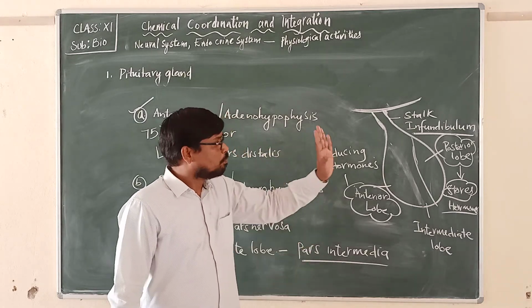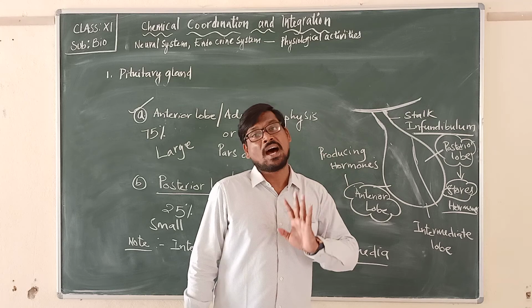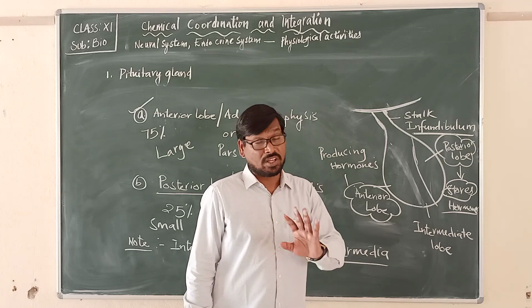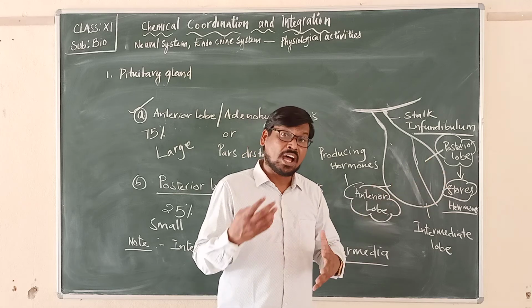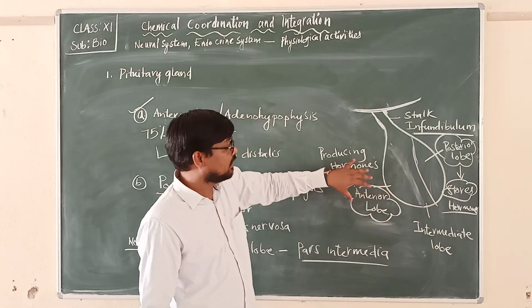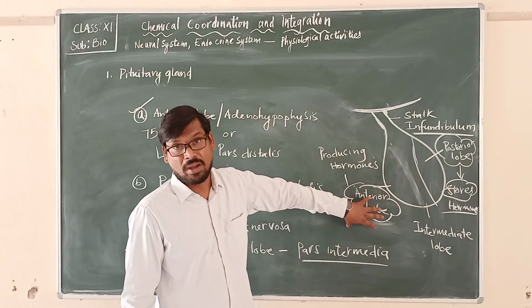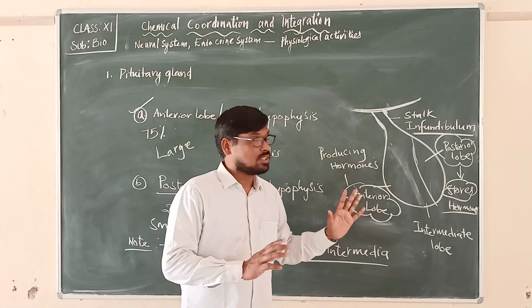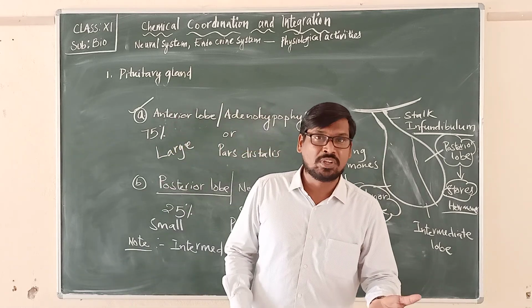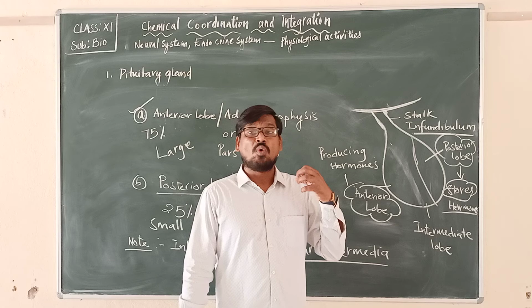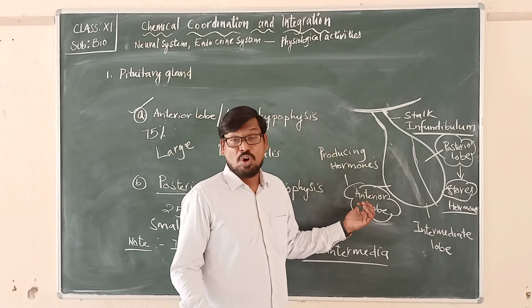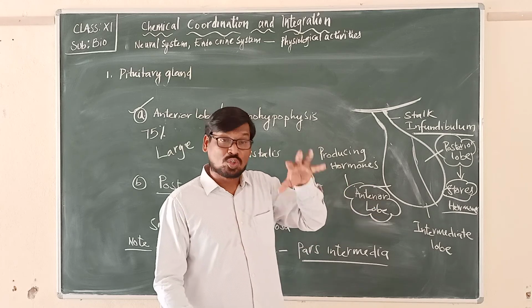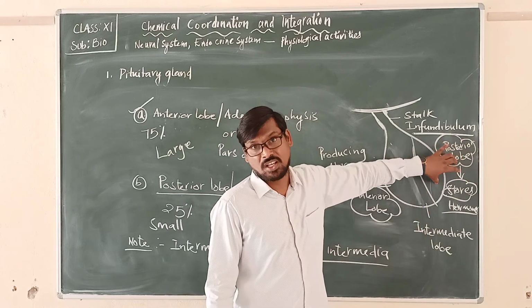Always remember, the posterior lobe stores hormones. Only two hormones are stored in the posterior lobe, and the others are produced in the anterior lobe. In the next video, we are going to discuss what those hormones are.